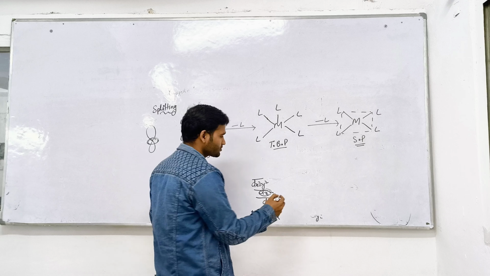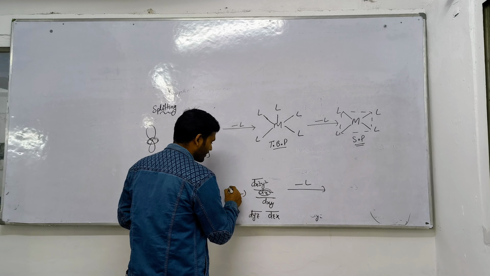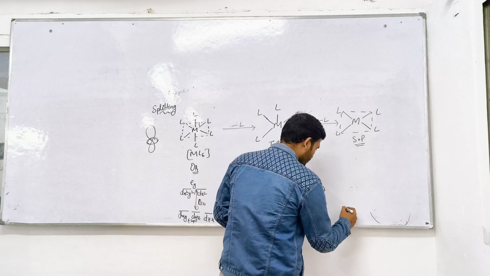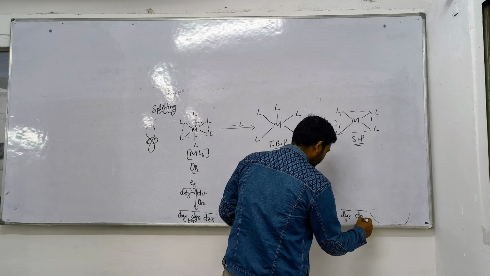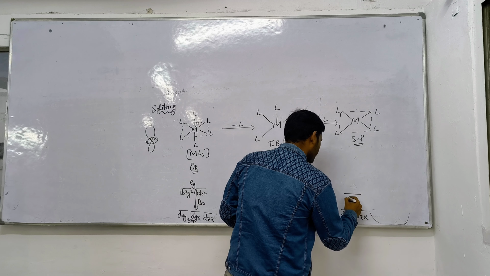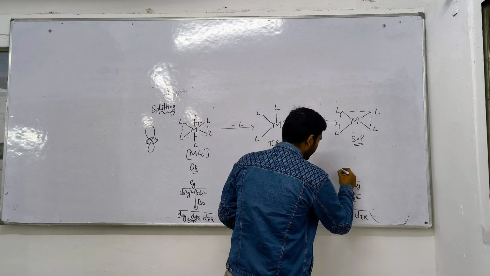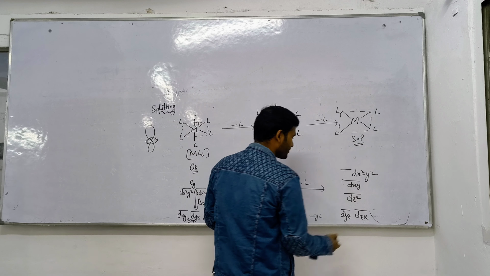So we move towards the square planar geometry, which means I have removed another ligand. What will happen to the energy diagram? Look very carefully, this is very important. When I removed one more ligand, here will be dyz, dzx, then dz square, here dxy, and then dx square minus y square. What happened?